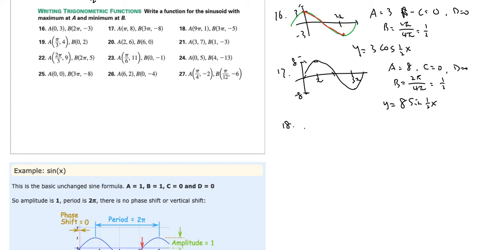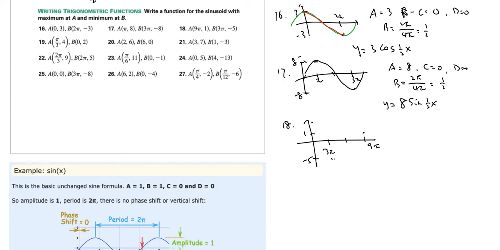Alright, 18. Okay, x equals 9 pi, so it's a third of that, that's 3 pi, and that's negative 5, and that's 1.